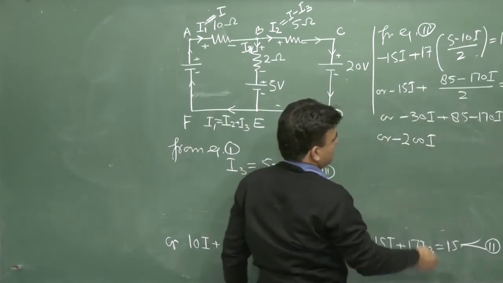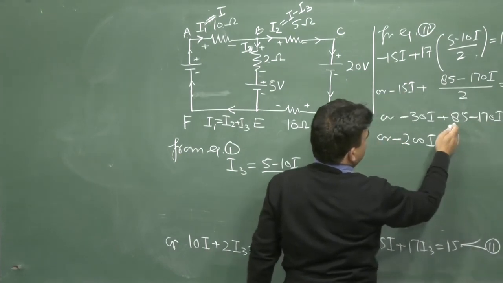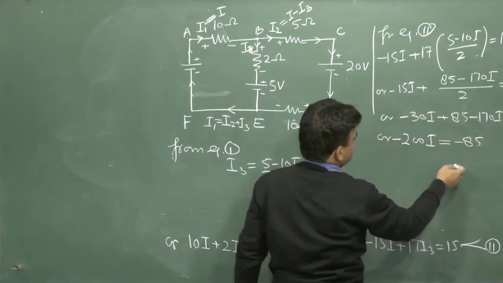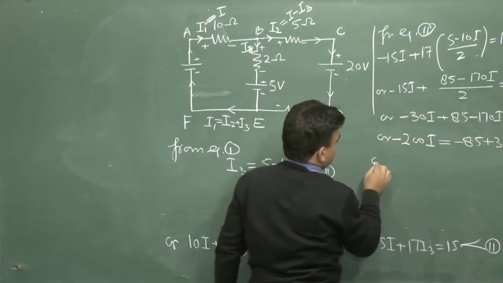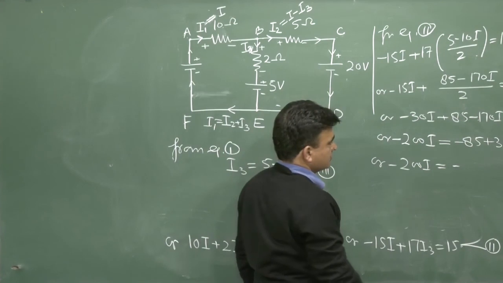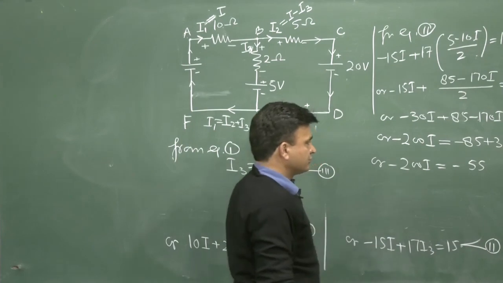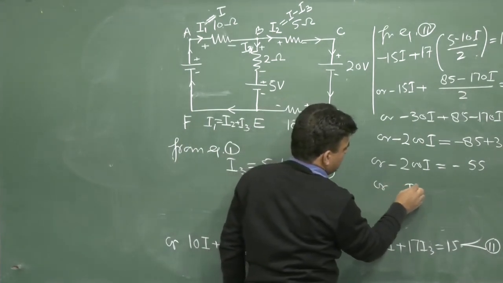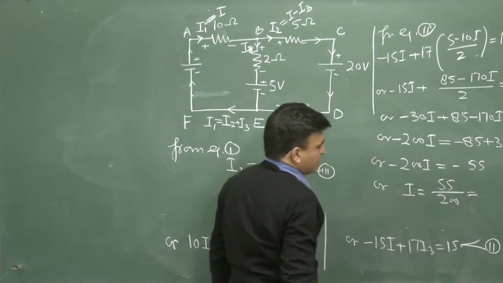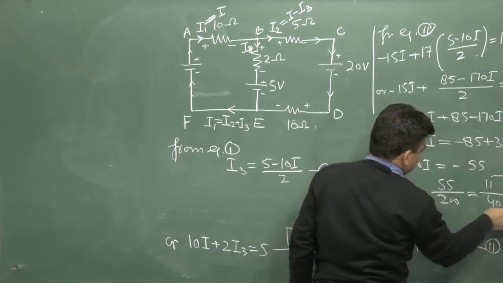Shifting, minus 85 plus 30, you will have minus 200I equal to minus 55, or I here will be equal to 55 by 200, you can have 11 by 40 amperes as the value for I1.